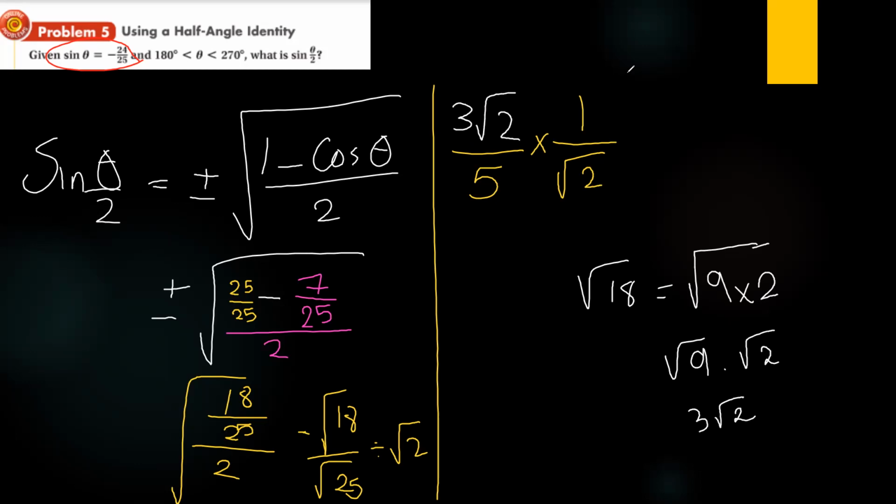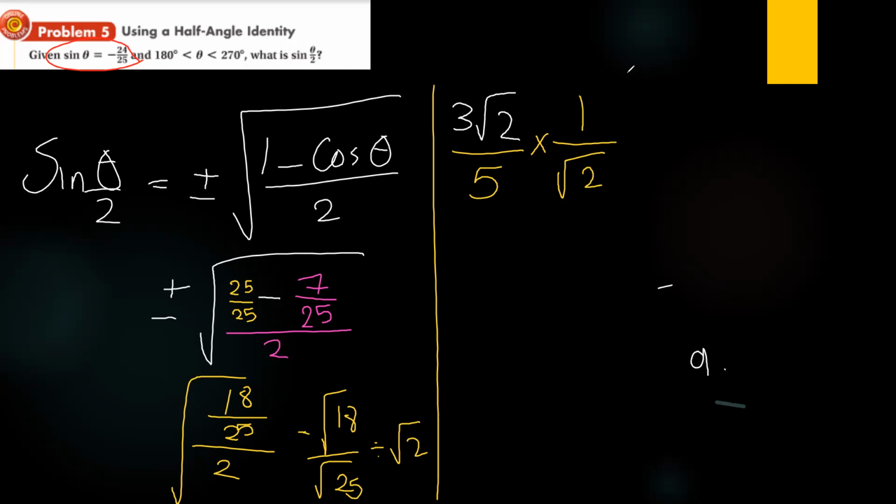By now, is it clear? Okay. Then after that, cancel square root of 2. So it will be 3 over 5. So sine of theta over 2 is 3 over 5.